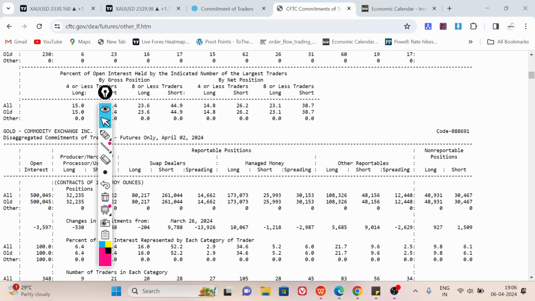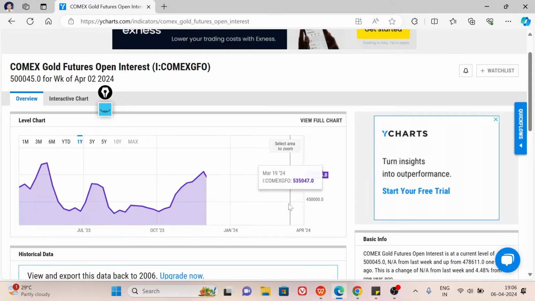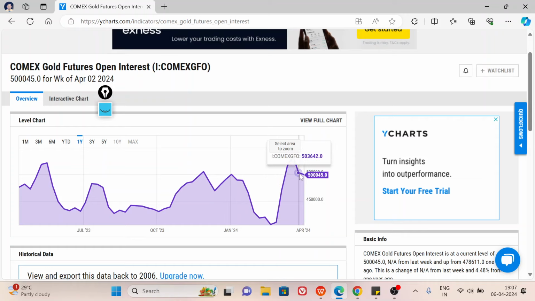If we check the open interest chart for gold, in the previous week we saw some decline, right over here. You can see this was the decline in the previous week, and again there is a minor change, or the change is on the downside.